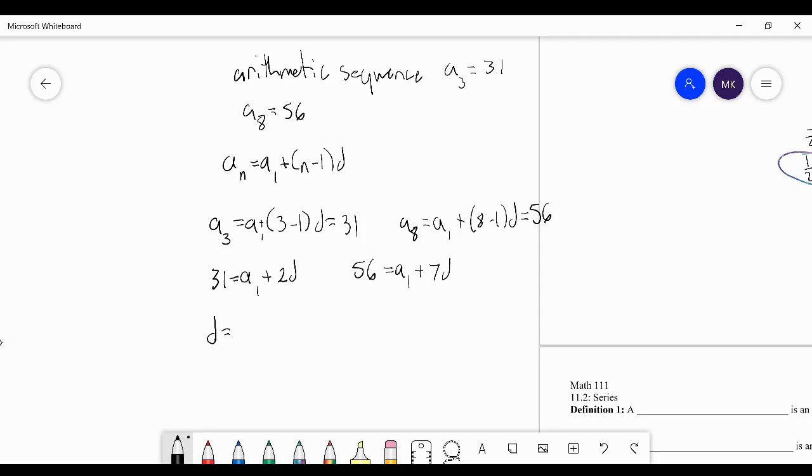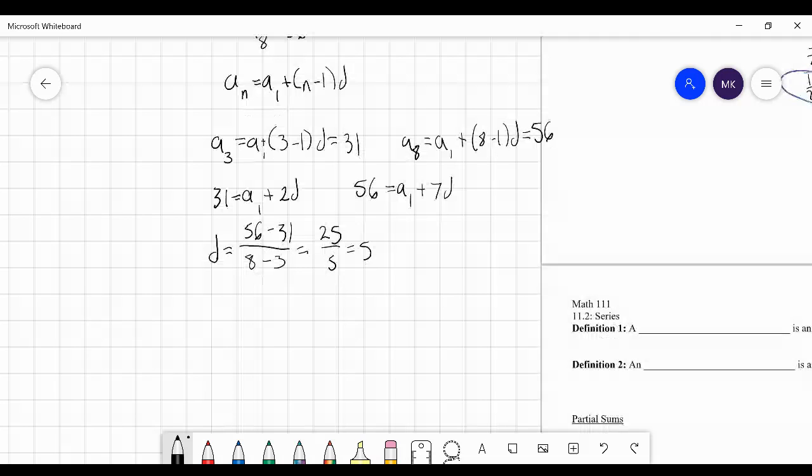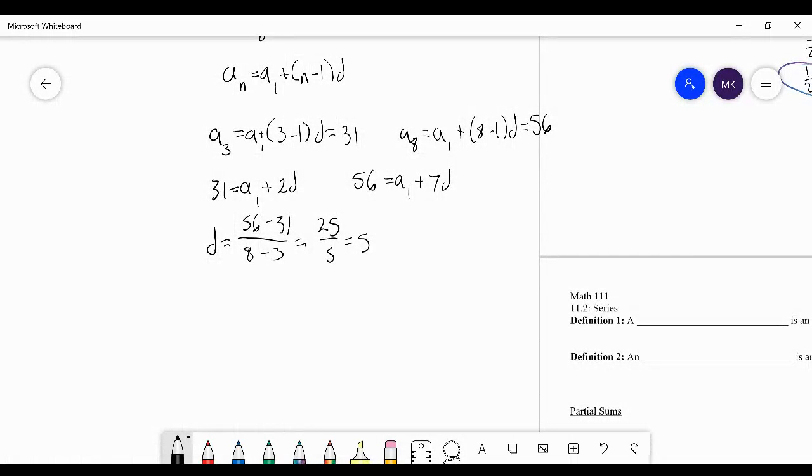So the output of our second point is 56. The output of our first point is 31. The input of our second point is 8, and the input of our first point is 3. So 56 minus 31 is 25, and 8 minus 3 is 5. So d is 5. So now we just say 31 equals a1 plus 2 times 5. 31 equals a1 plus 10.